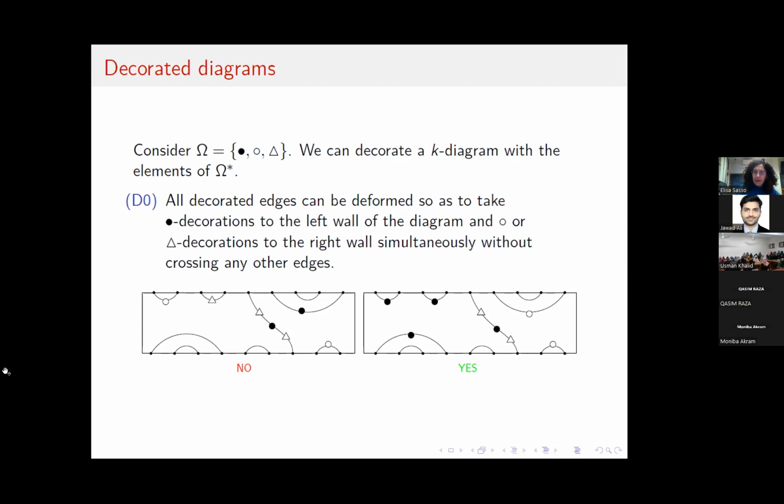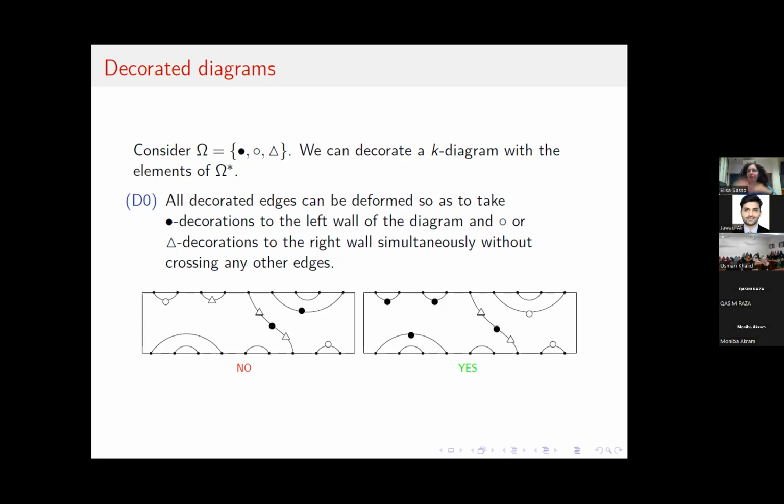So it intersects this one. I hope you can see that I'm indicating this one. On the other side, if we do the stretching move on the diagram on the right, we don't have this intersection, so we can stretch all the edges and none is going to intersect with each other. So we have to follow these rules.